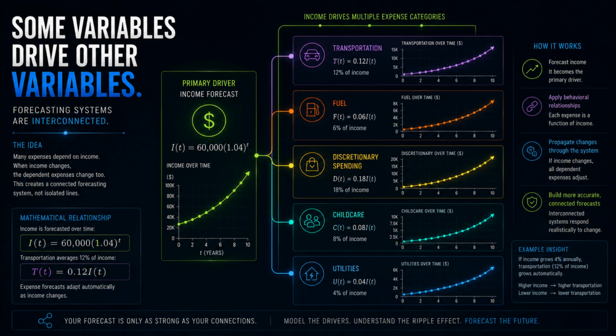Now, many financial variables do not behave independently. Instead, they depend on other variables inside the system. This is called driver-based forecasting. In driver-based forecasting, one forecast becomes the input for another forecast. For example, transportation expenses may not remain constant in absolute dollars.